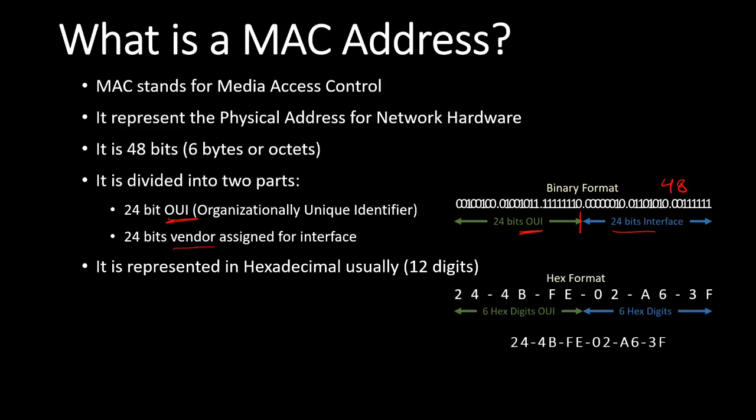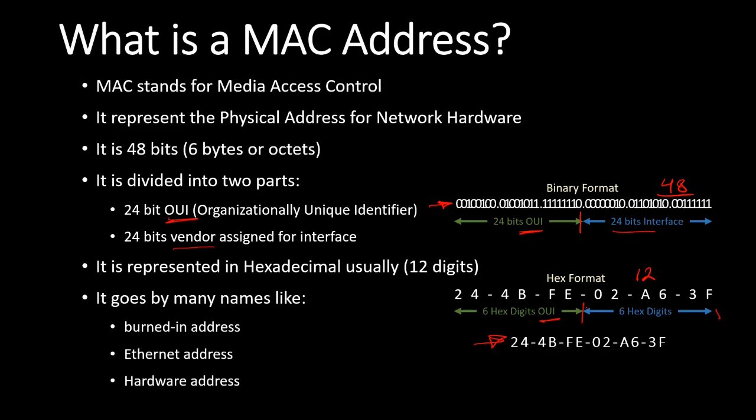This makes these 48 bits MAC addresses represented as 12 hexadecimal digits. These digits are also divided into 6 digits as OUI and 6 digits as interface. So this MAC address here can be represented in this format, which makes it much easier to read and understand.